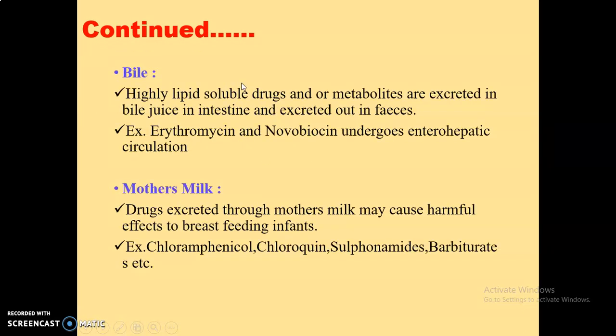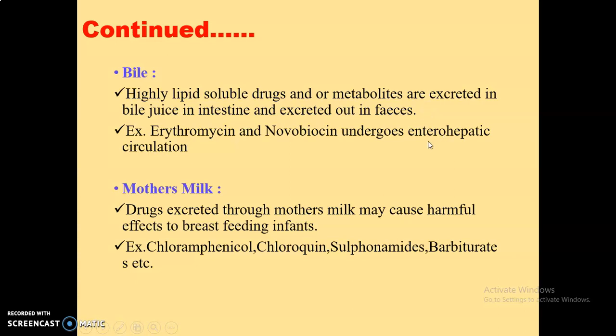Bile. Bile is the secretion of the liver, that is bile juice. Drugs that are highly lipid soluble and their metabolites are excreted in the bile juice. From bile juice, they are excreted into the intestine and finally excreted in the form of feces from the intestine.